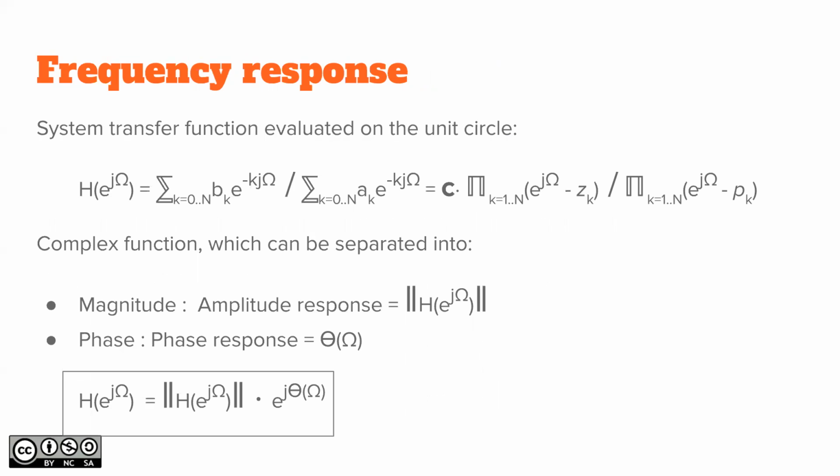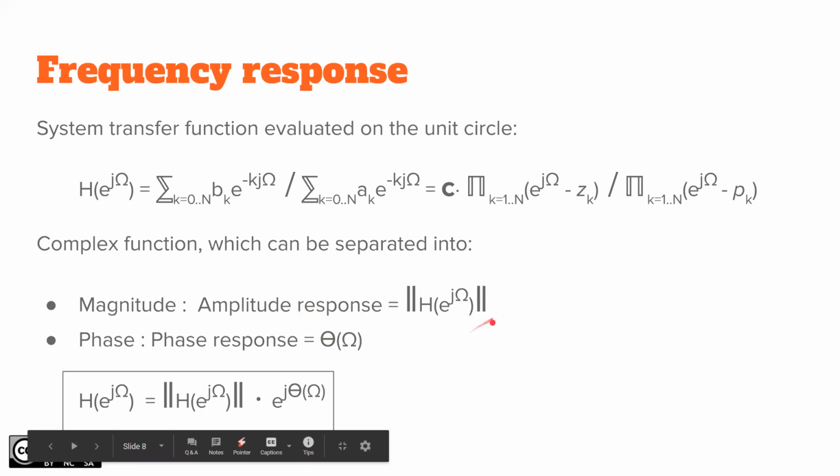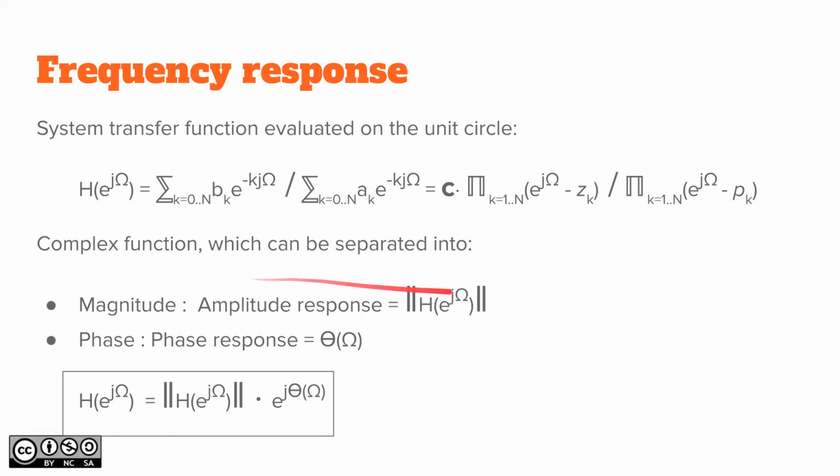So e to the j omega is actually a point on the unit circle, where omega is the complex angle related to physical frequency. And amplitude response is simply the absolute value, the magnitude response. Magnitude response is the absolute value of the transfer function frequency response.